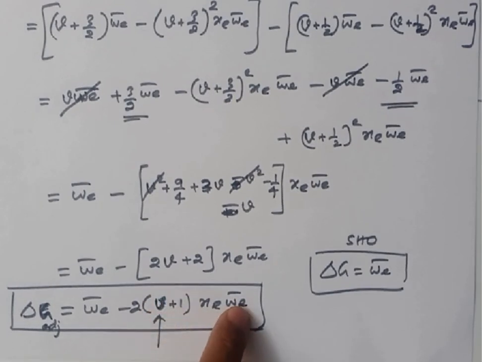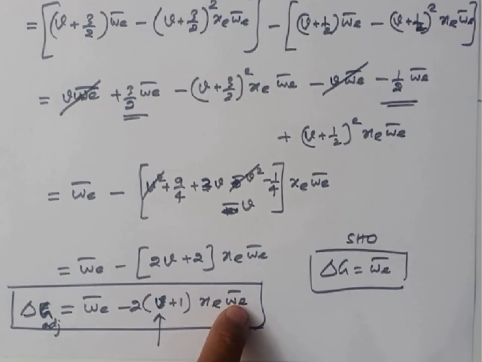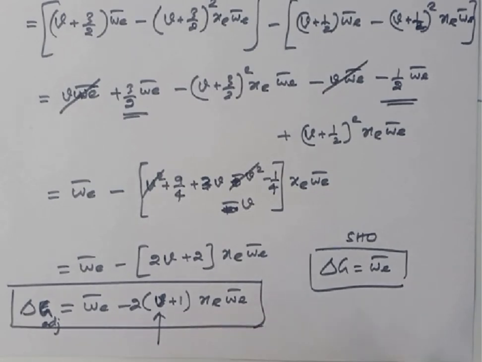Actually speaking, this equilibrium vibrational frequency is applicable only for lower vibrational levels. If you go to higher vibrational levels, there is a small deviation in the equilibrium vibrational frequency, but the deviation is very small, so usually we neglect that. So if you write omega E bar, nothing wrong in it. But if you want a very accurate calculation, then you have to use the appropriate relation for omega E bar.